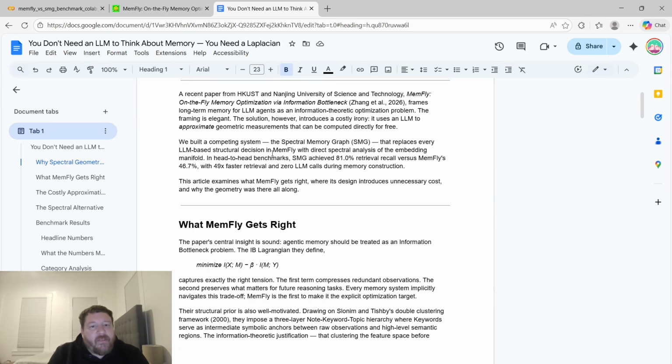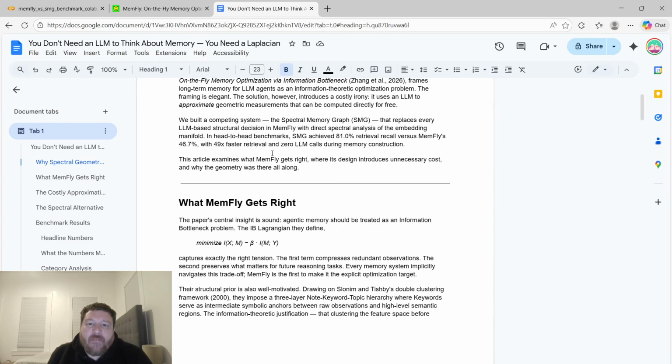We built a competing system, the Spectral Memory Graph, or SMG, that replaces every LLM-based structural decision in MemFly with direct spectral analysis of the embedding manifold. In head-to-head benchmarks, SMG achieved 81% recall versus MemFly's 46%, with 49 times faster retrieval and 0 LLM calls during memory construction.